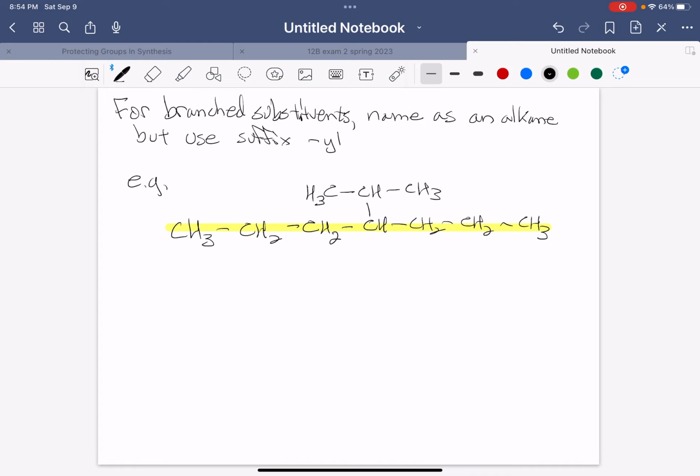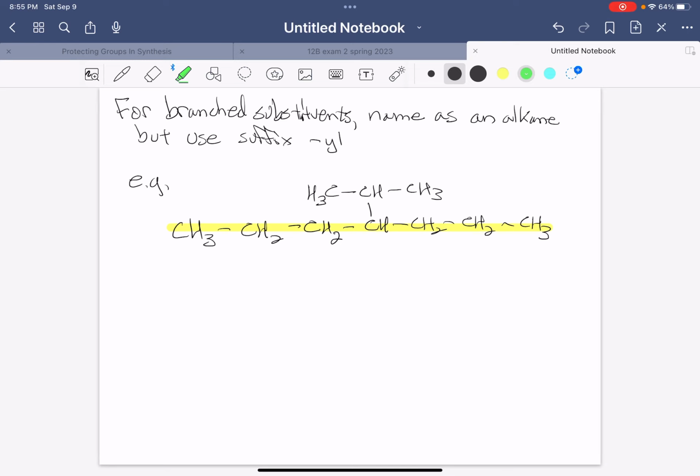So now, how do we name the branch here? Well, let's take a look at the branch. My branch has 2 branches, so it has that, and then it's got my other methyl group there. So if I number things, let's go ahead and number 1, 2, 3, 4, 5, 6, 7. I'm going to change my color here and go 1, 2.